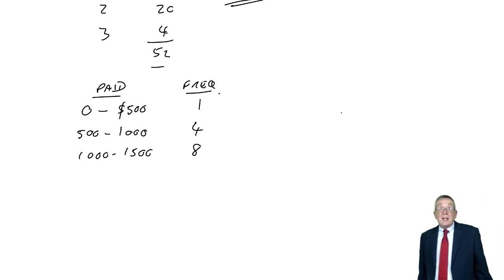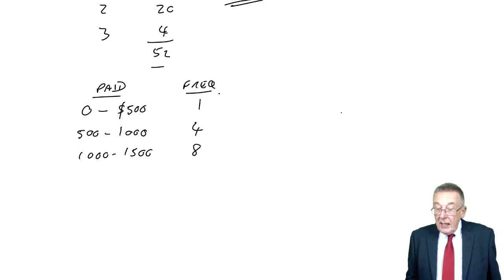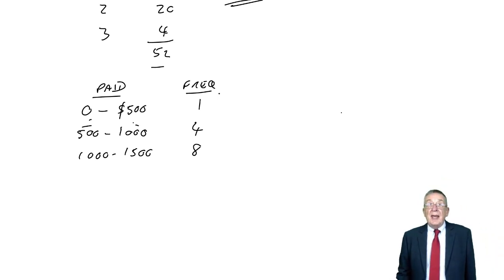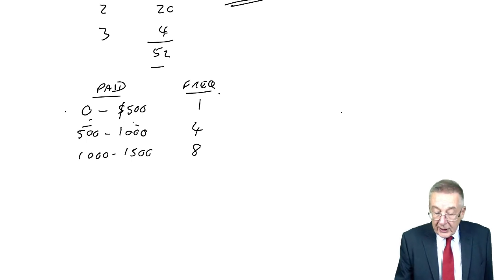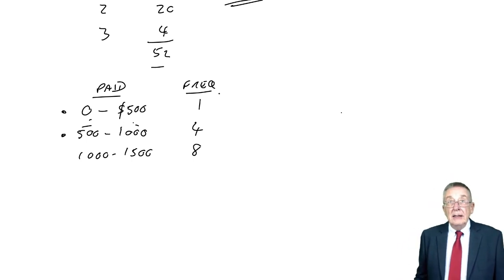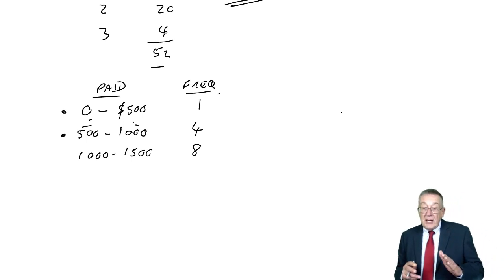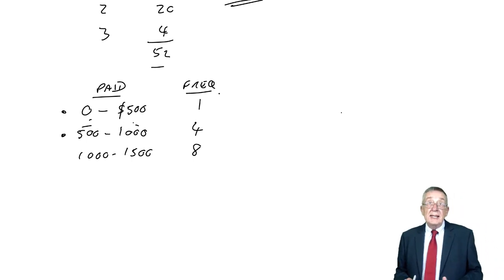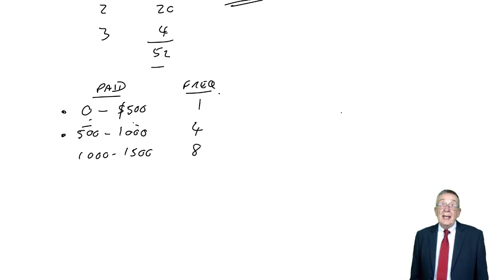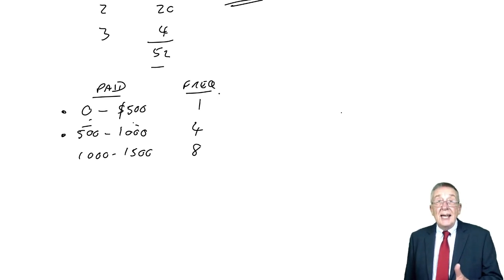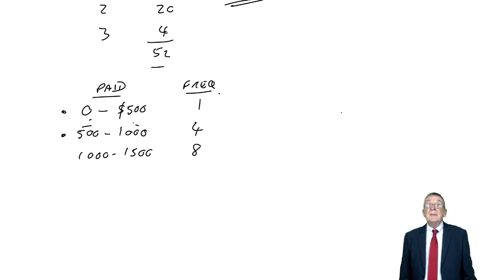Now, before anybody starts complaining, we do have to tie the ends up properly. I mean, if somebody's paid 500, we don't record them in both places. So as I did say, the first one would actually be anybody paid from 0 to 499.99. The second one would be anybody who was paid from 500 up to 999.99, and so on.